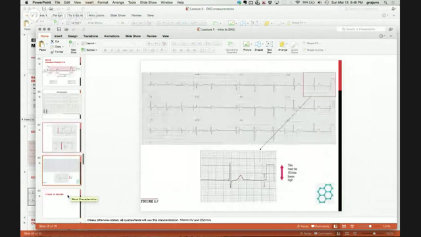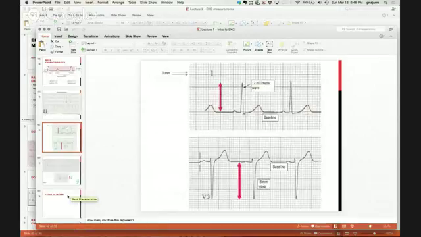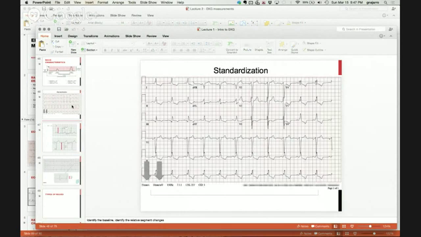Then we went over amplitude. We talked about how the height of these waves is directly correlated to a certain amount of electricity, millivolts, and that electricity is generated by myocytes. Okay?